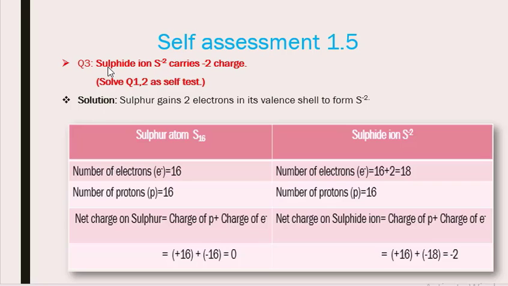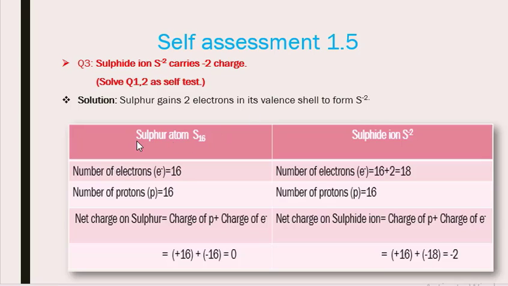Question says, why sulfide ion, it's S negative 2, carries negative 2 charge? Coming to solution. Sulfur atom gains 2 electrons in its valence shell, the outermost shell, and forms negative 2 charge, S negative 2 sulfide ion.